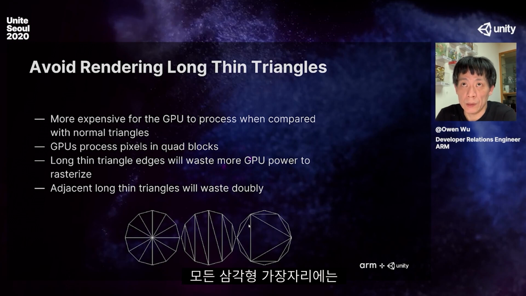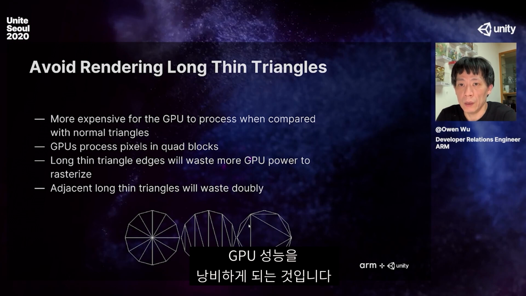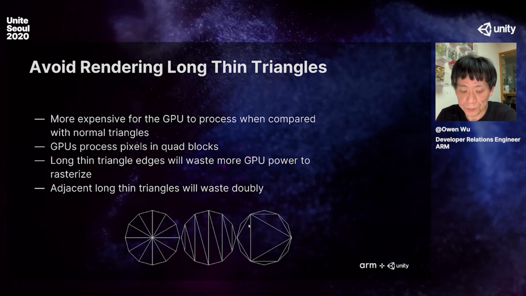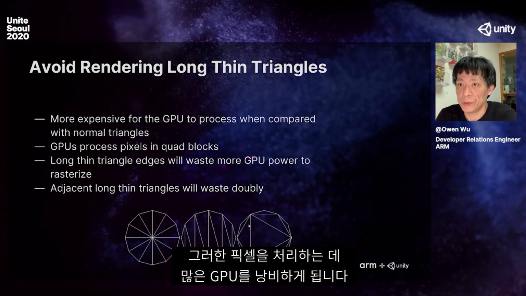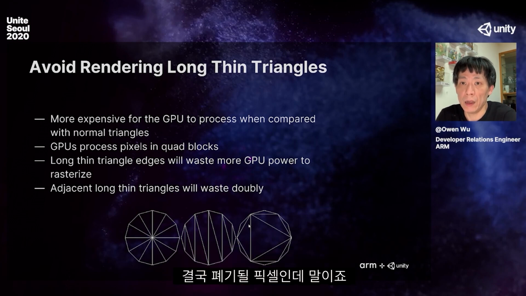That's because at triangle edges, some pixels in the quad will be discarded after rasterization. So you are spending GPU power on those discarded pixel rasterizations. And longer edges also mean more pixels are discarded. Then you will waste a lot of GPU on processing those pixels, which will eventually be discarded.